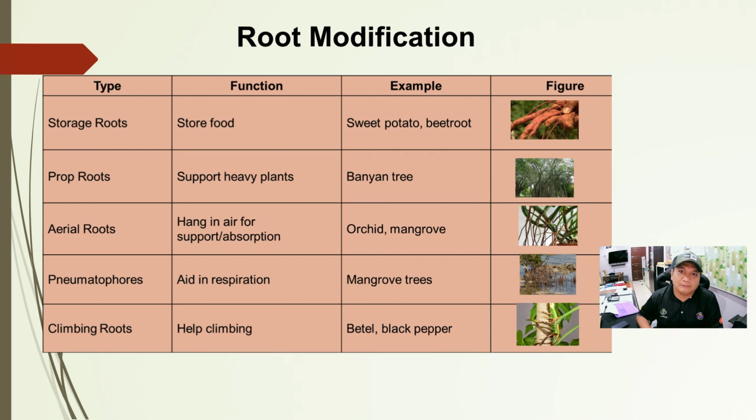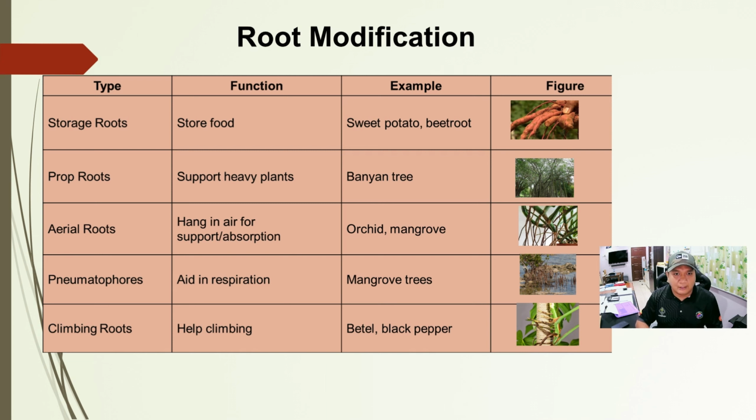Example, sweet potato and beetroot. We can see the picture here. And then prop roots for support heavy plants. Example, banyan tree. And then area roots hang in air for support and absorption. Example is orchid. And then pneumatoporous. So it's aid in respiration, mangrove trees.